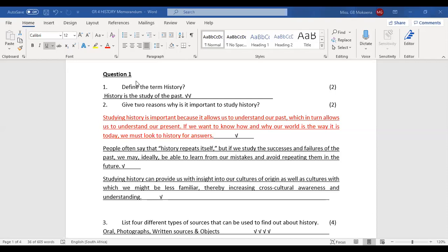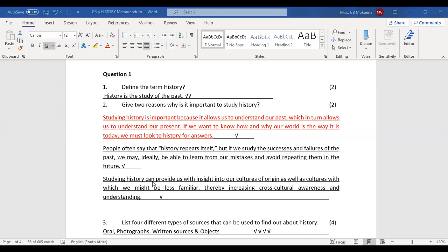Mine was reading, looking at pictures, asking questions, and listening to stories told by elders. You are looking at number 3? Yes. Okay, cool. We are not yet there. That was my example.